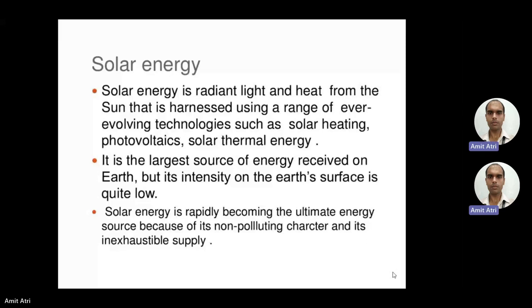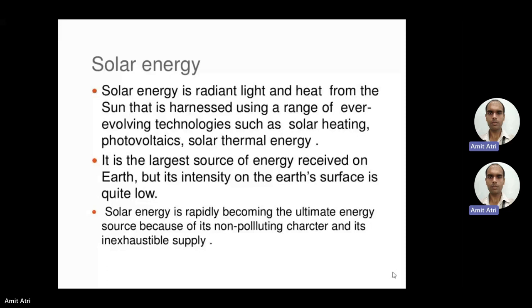Today we will discuss solar energy and the different types of collectors used for collecting solar energy so as to perform some type of useful task. Okay, so a brief introduction to solar energy.